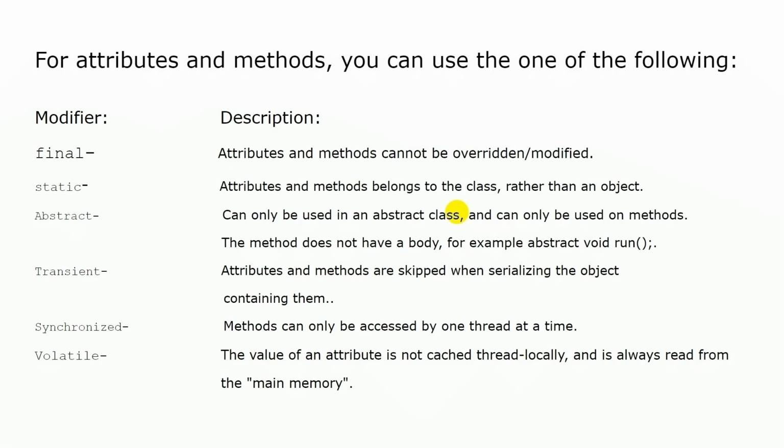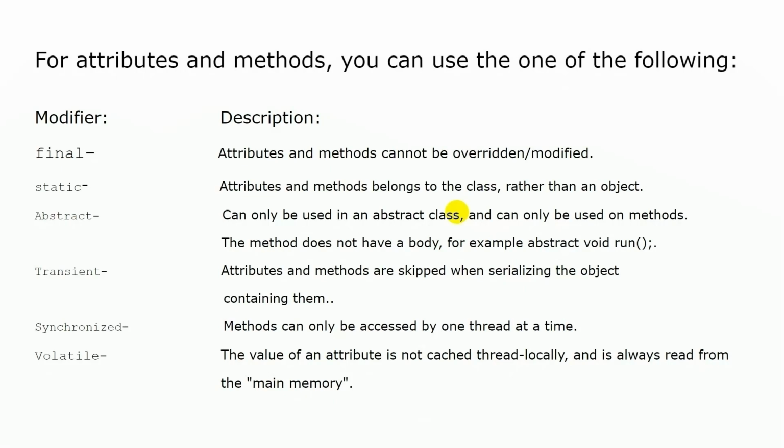In Java, out of these six non-access modifiers, only about 3 of them are in use today. The final, static and abstract keywords are used as non-access modifiers in day-to-day coding. So final makes attributes and methods not get overridden or modified.